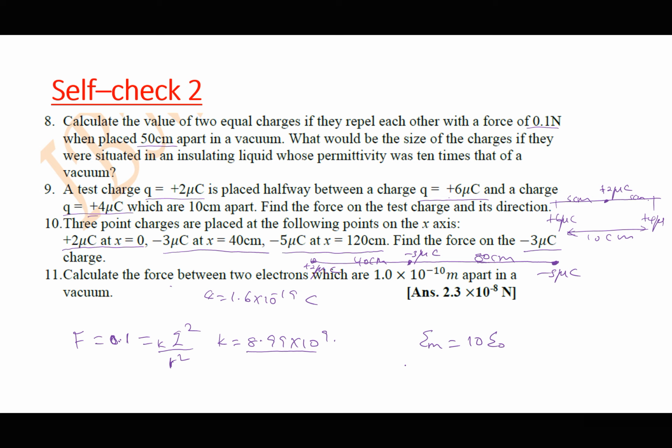So the force is going to be q squared divided by 4 pi epsilon m times r squared, where epsilon m will be 10 times epsilon naught. You should be able to find q again. You should find q here and also find q there. I've given you a hint, so you should be able to accomplish that self-check.